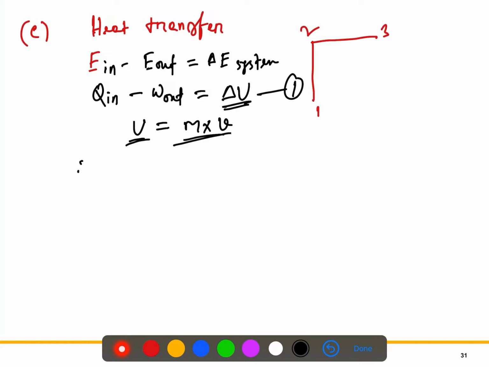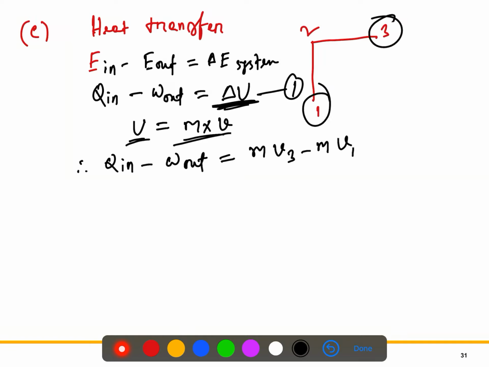So we can write it like this: Q in minus the work output is equal to m u3 minus m u1, because this is the change of the energy. Our system is changing from state 1 to state 3, so we can say it is actually m u3 minus m u1.